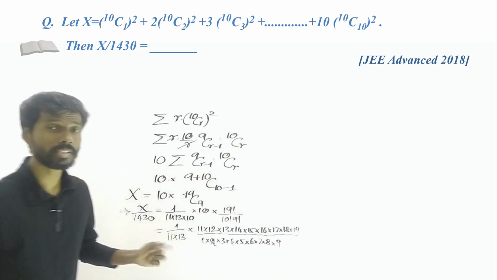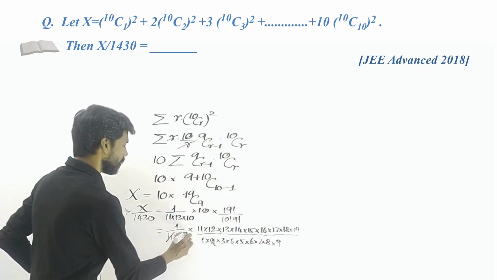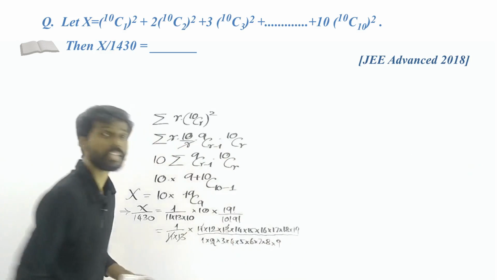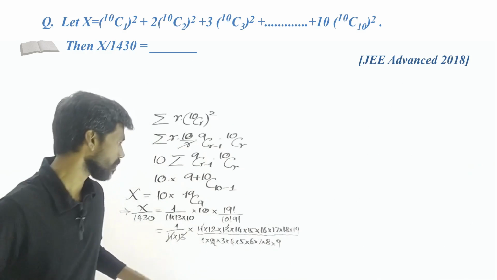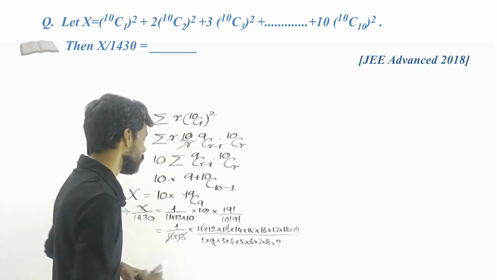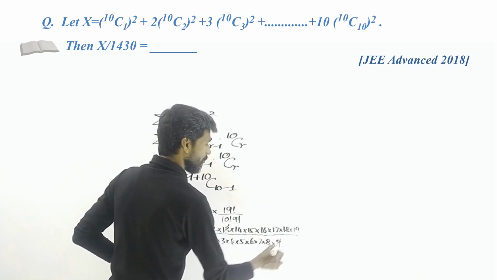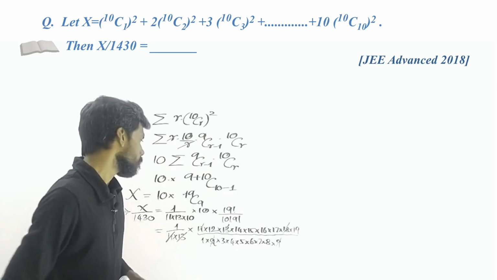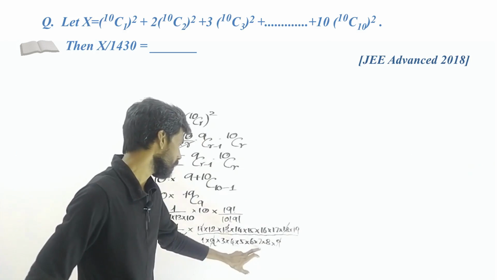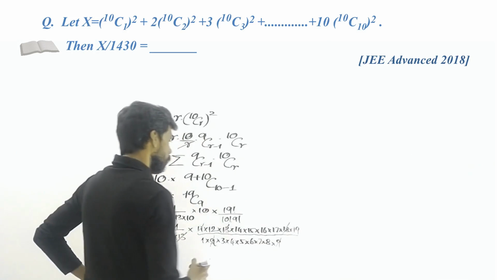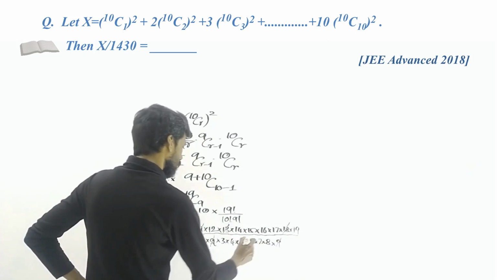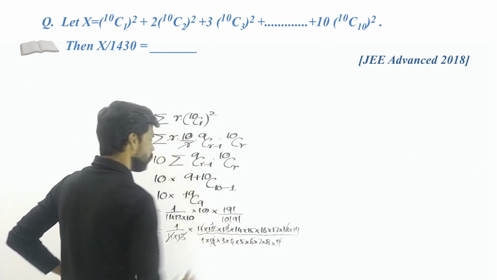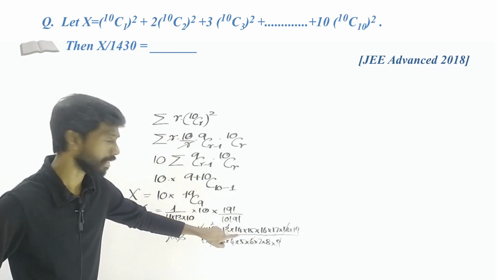Let's cancel some terms. 11 multiplied by 13 here, and also 11, 13 there, that gets cancelled. What else gets cancelled? 9 multiplied by 2, that is 18, so that is also cancelled. What else? Next one is 7. 7 multiplied by 4, or 6. If you cancel, you get 2. 2 multiplied by 14, that is 28.